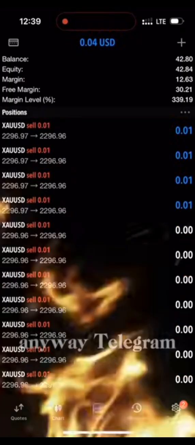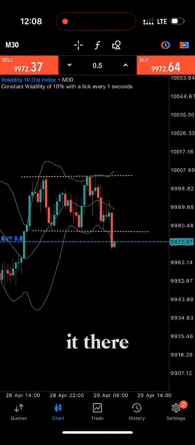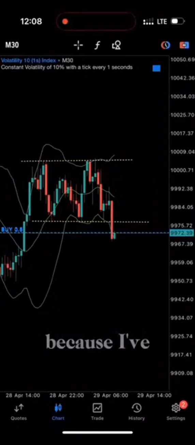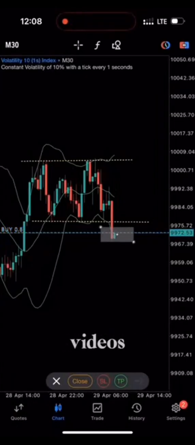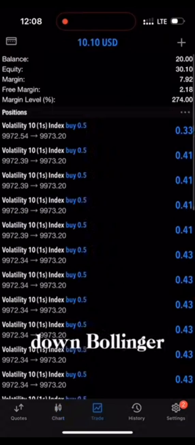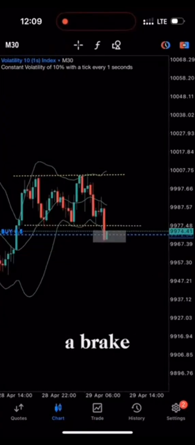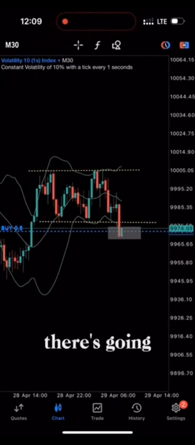Anyway, my Telegram group and WhatsApp, I'm sure it's there. I put it there. So I had to buy there, because I've explained in most of my videos that when it touched the bottom Bollinger Band there, and there is a breakout of the trend line, it means there's going to be a retest, which is probably going to go into the trend line.